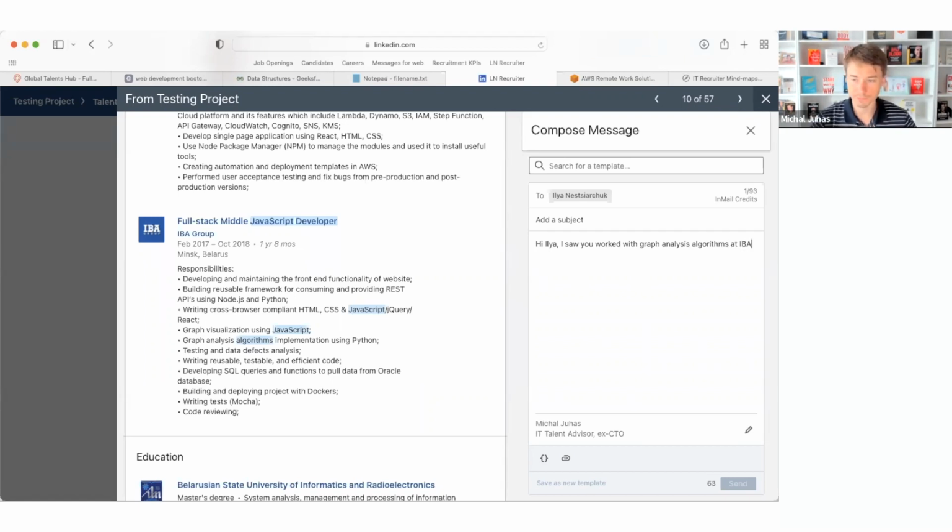at IBA, and I'm working with an engineering team or with co-founders from San Francisco who are applying data structure algorithms to improve.